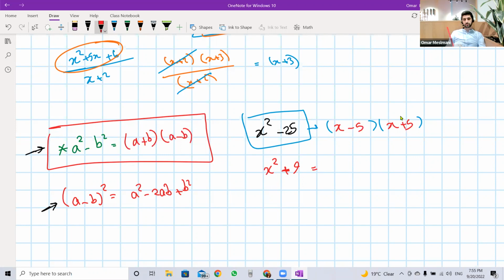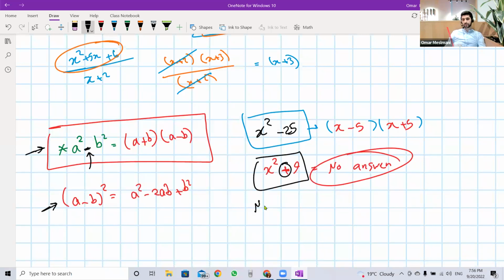It's going to be x, and then plus 9... There's no answer. Why is there no answer? Because there's no minus. It's negative, yeah, my bad. If it's positive, you cannot. It's not factorable. You cannot factor it.